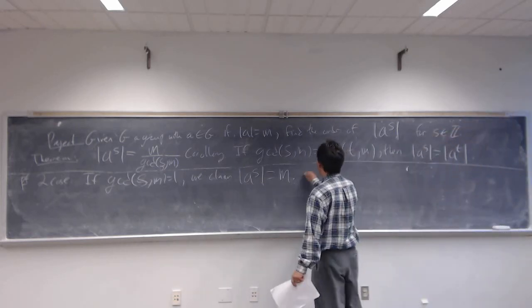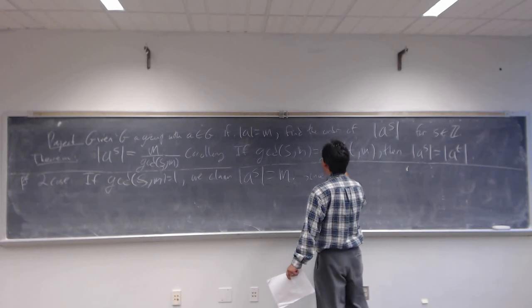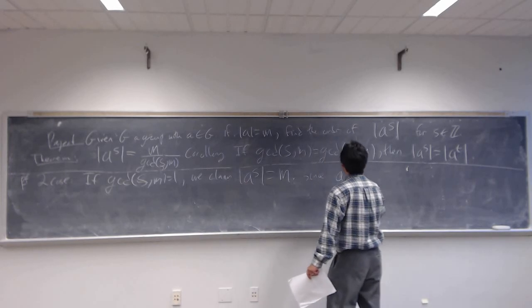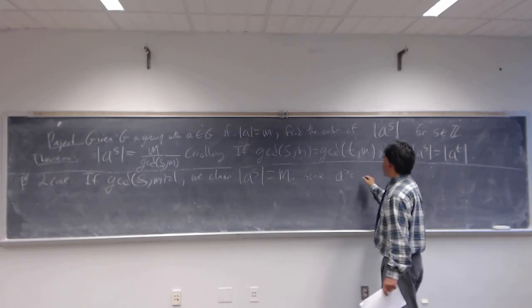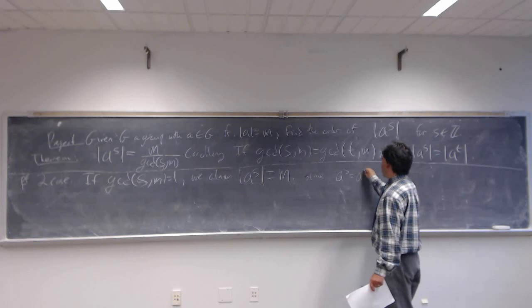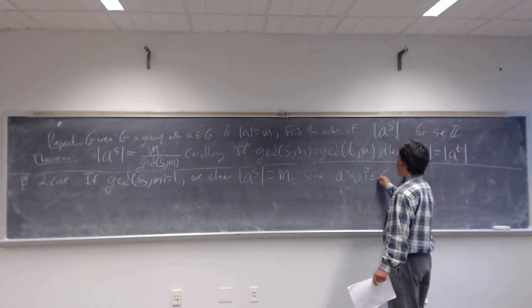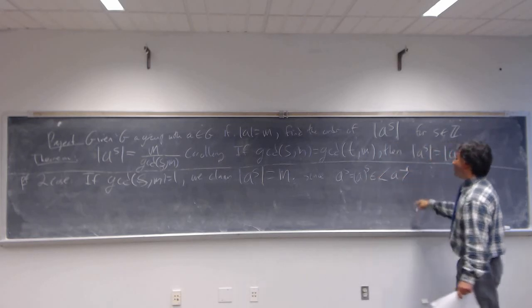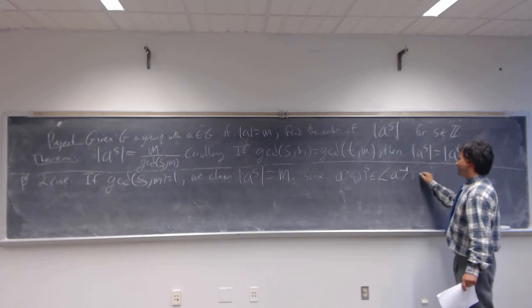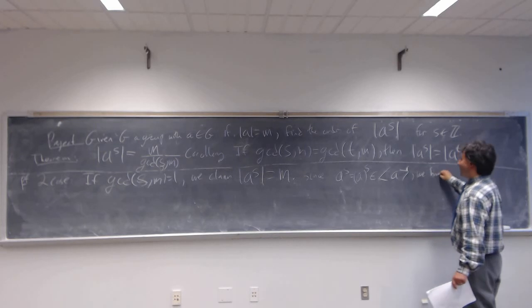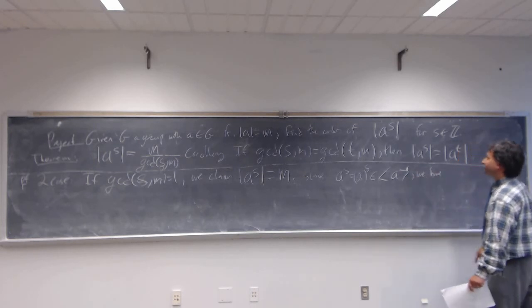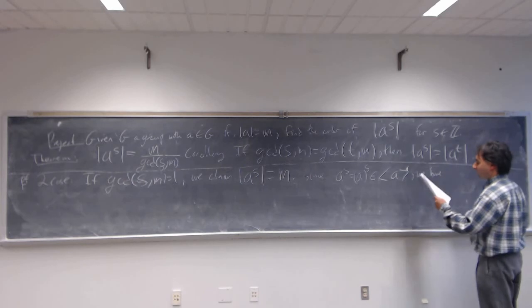Since a to the s is certainly a power of a, a to the s is in the cyclic subgroup generated by a.